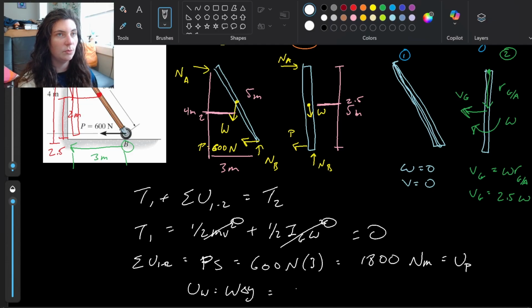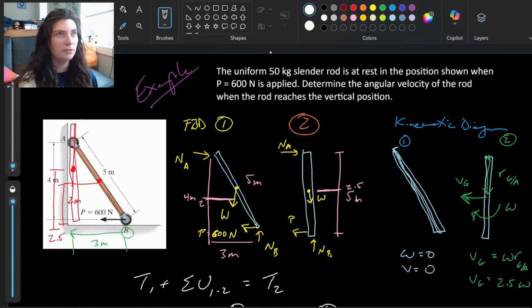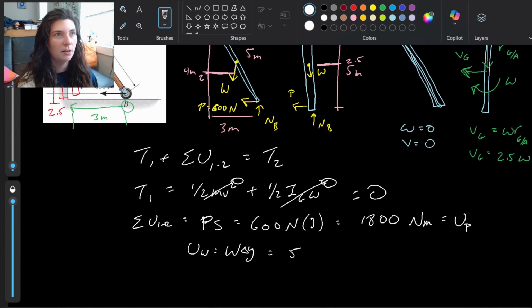The mass of this rod is 50 kilograms, so 50 times 9.81 times our delta y. We went from 2 to 2.5, which gives us a negative delta y. So that gives us negative 245.25 Newton meters.